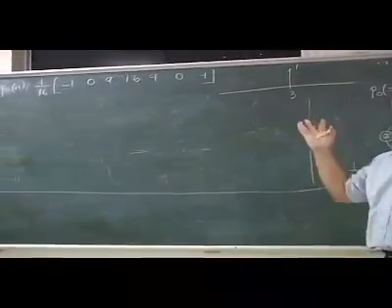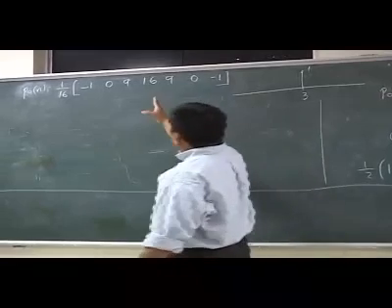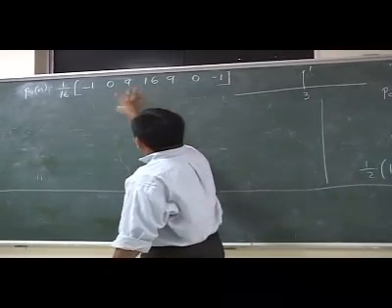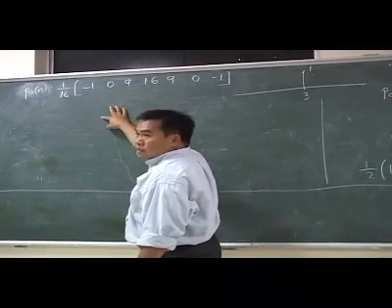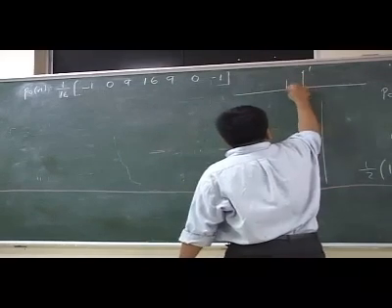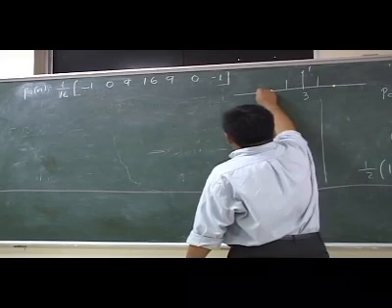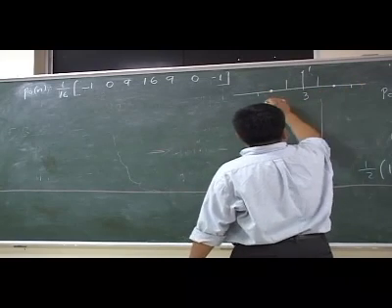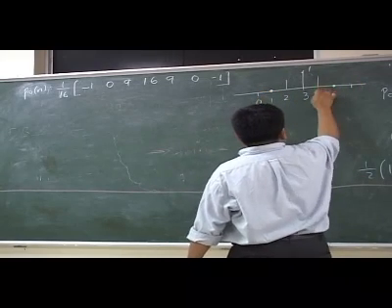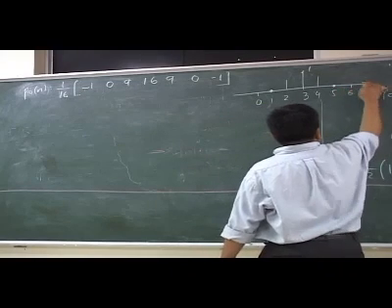And then you have a symmetric system, right? Because if I fold this side over here, it's exactly the same. So we have 9 over 16, and then 0, and then minus 1 over 16. So this is 0, 1, 2, 3, 4, 5.